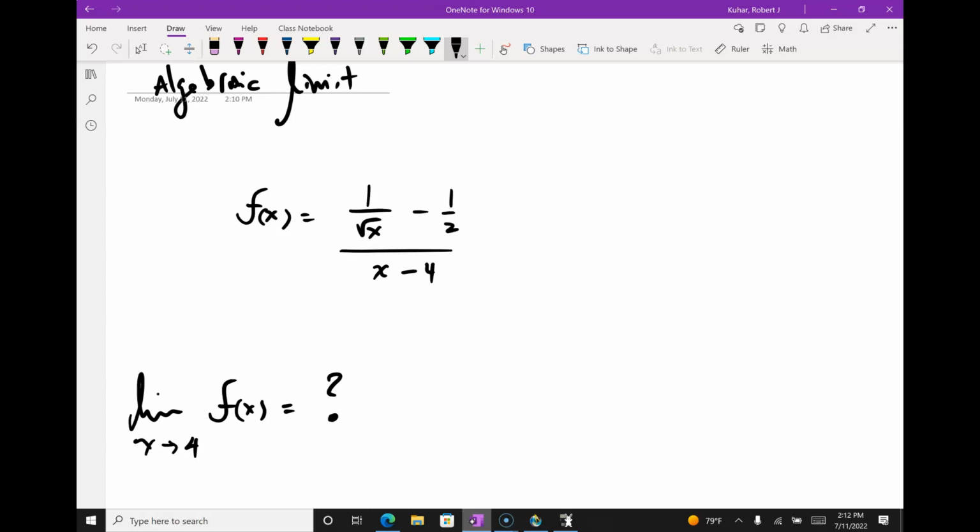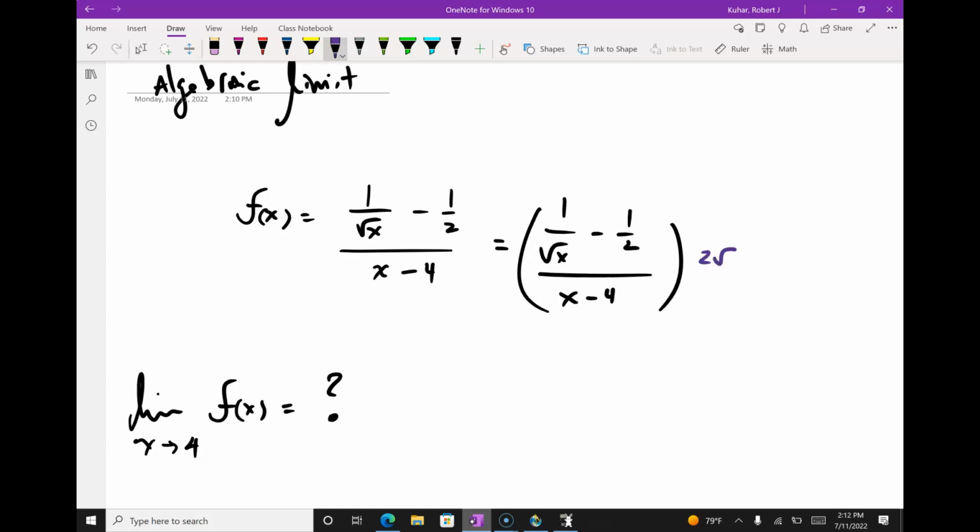Sorry, radical then it's conjugate. Fractions first here. What's our LCD? What's our LCD? Anybody have it? Two, yeah, 2 root x, yep. 2 root x over itself.